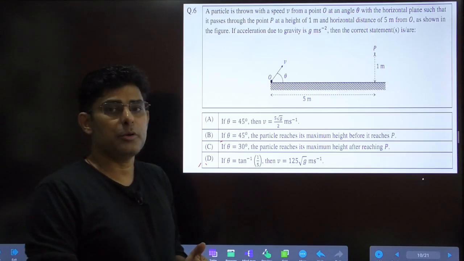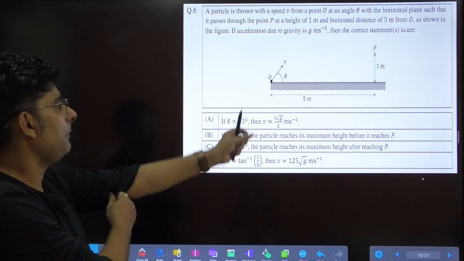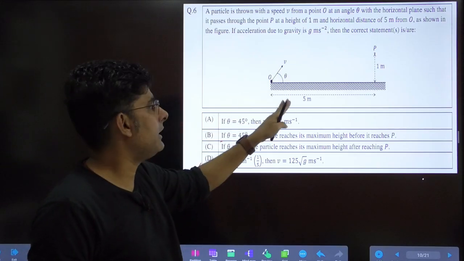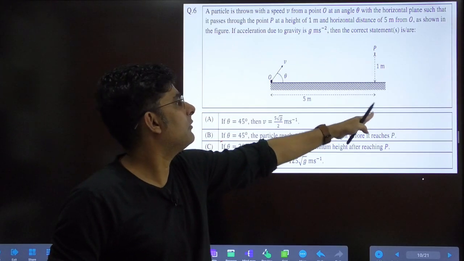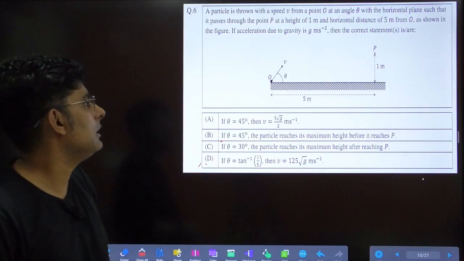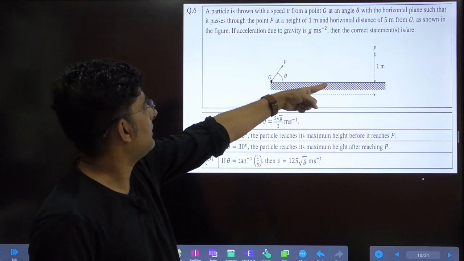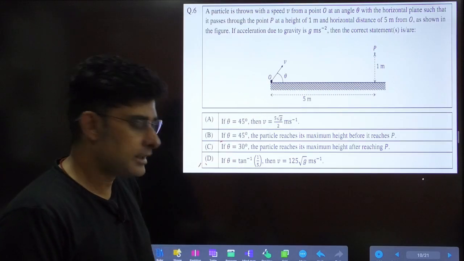Okay, so let's proceed with question number 6. In this, a particle is thrown with speed v, angle theta. They have given a point P which is 1 meter above the ground and 5 meter away from the point of projection. So they are asking that if this particle passes through the point P, then which of the options are correct.